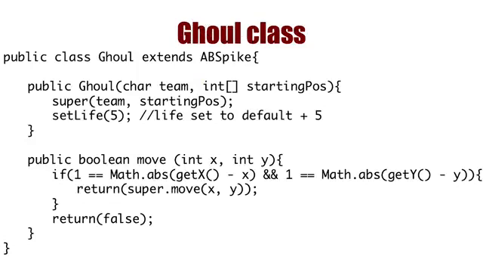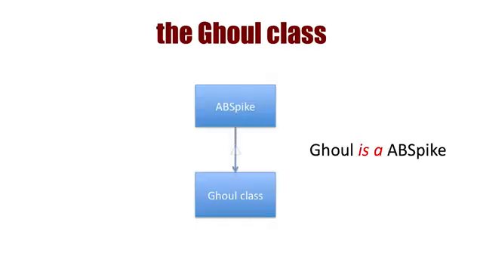First, the Ghoul class was derived from the AB Spike class, and a Ghoul object inherits all of the state and behavior of the AB Spike. We even said that the Ghoul was also an AB Spike. This is commonly referred to as the is-a relationship. A Ghoul is an AB Spike.